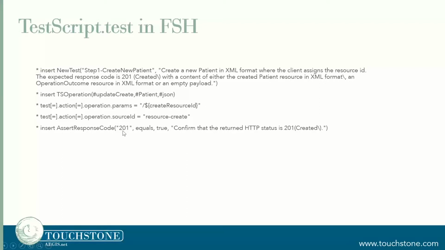We give it a 201 as the value, say it has to be equal to that value, and say that it does have to, I believe this is the stop test on fail, that it will stop the test if this is not matched correctly. Then we can give it a quick description.